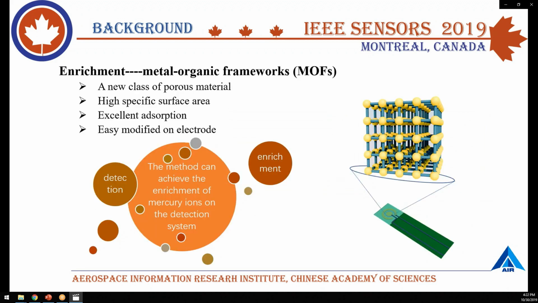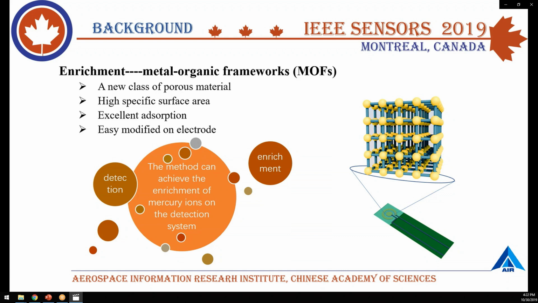In this research, we used a new class of porous materials, MOFs, to absorb the mercury because of their excellent absorption. And the MOFs is modified on the electrode.